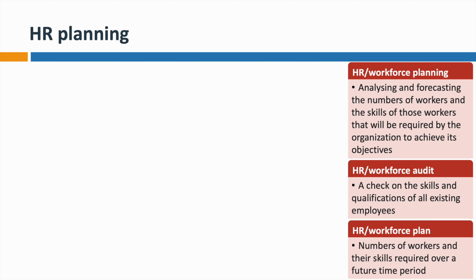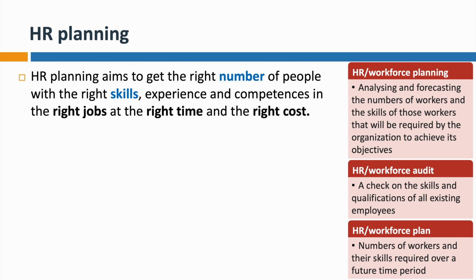So when we're planning, we're basically thinking about what is the right number of people, what are the right skills that we need, and by skills we might mean skills, experience, maybe competences. We need to plan to get the right number of people with the right skills for our jobs at the right time and at the right cost.